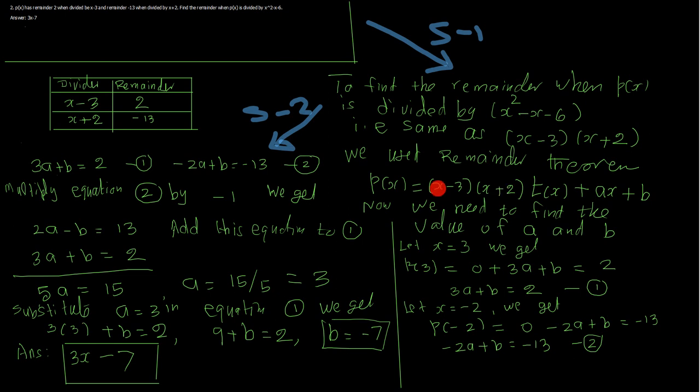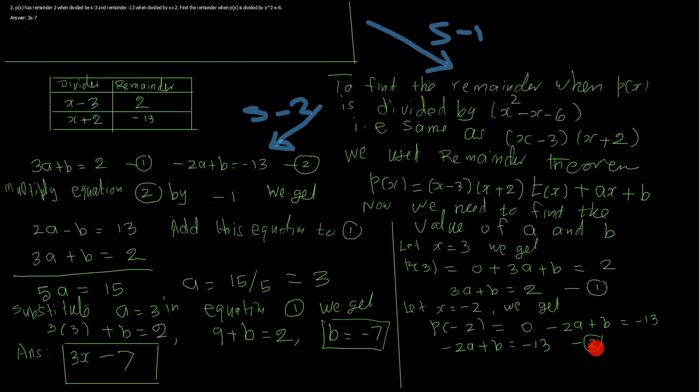The first factor is going to be 0, and here you put 3a plus b, which should be equal to 2, as given. Then plug in x equals negative 2, p of negative 2. This is going to be 0, so you go back here: negative 2a plus b equals negative 13.